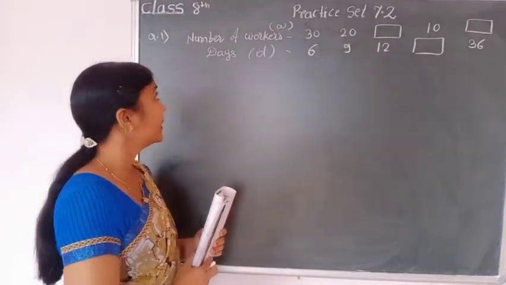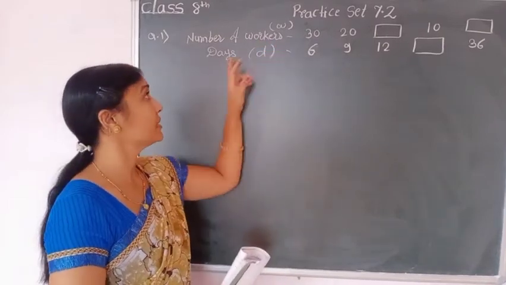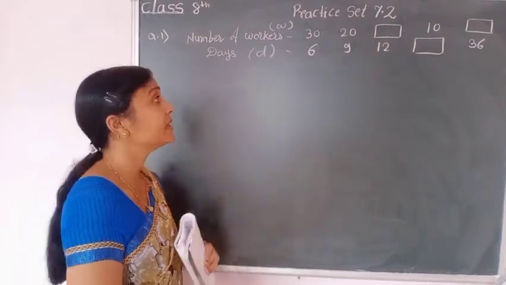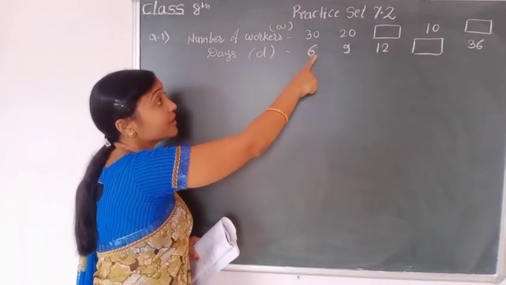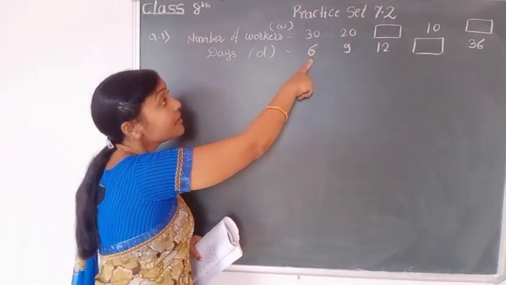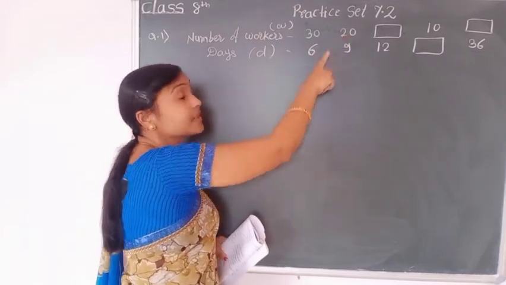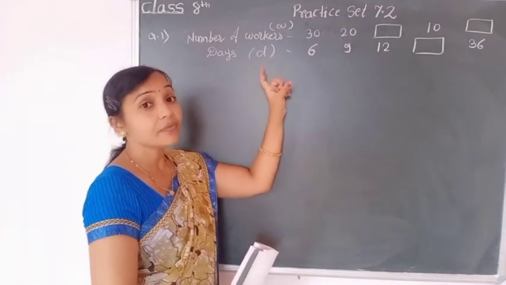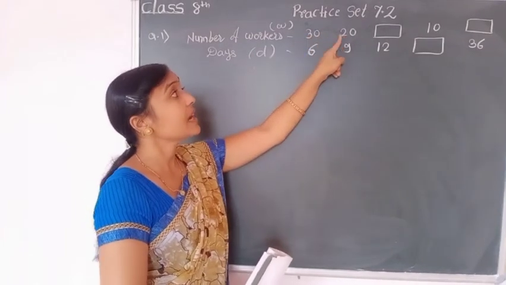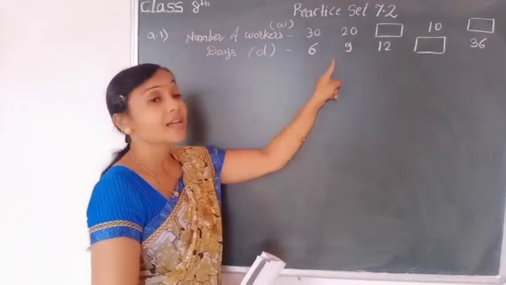Example number 1. They give us the number of workers and the days they completed the work in. We have 30 workers, they completed the work in 6 days. If we have 20 workers, they completed the work in 9 days. You observe this: when the workers are fewer, the days increase.